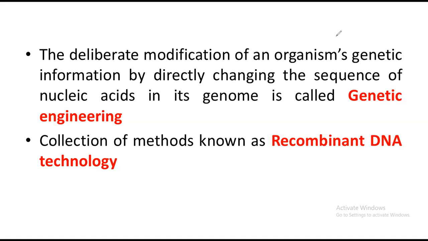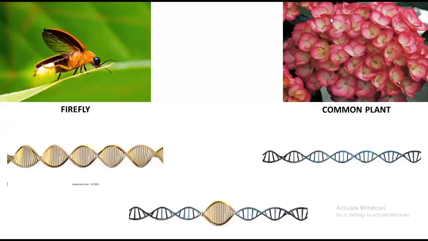And at the last, what is recombinant DNA technology? All the methods that are used in biotechnology and genetic engineering are known as recombinant DNA technology. It means that we first take a specific sequence from an organism, using different methods, and then we insert these genes into another plant or another DNA. All these methods are known as recombinant DNA technology.